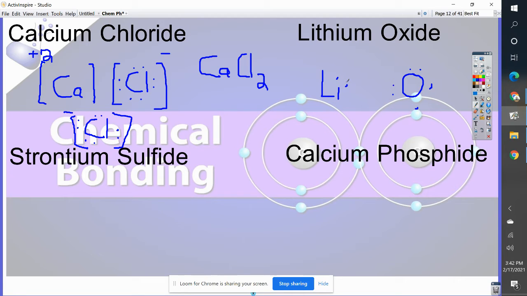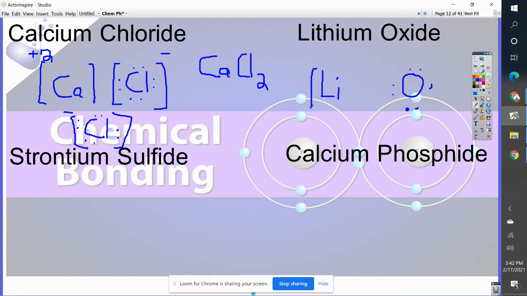And what's going to happen? This electron is going to find a side with only 1 electron over here, and it's going to transfer. So go whoop and go right here. And when it did, this becomes erased.